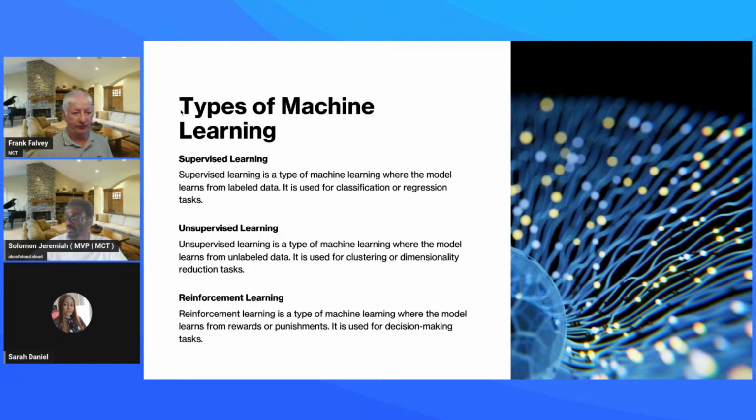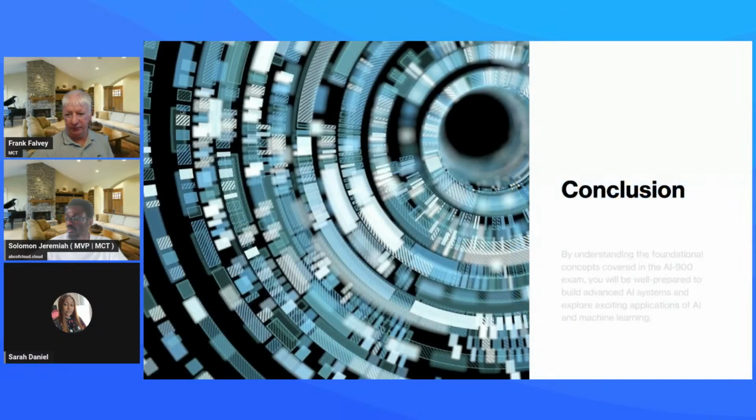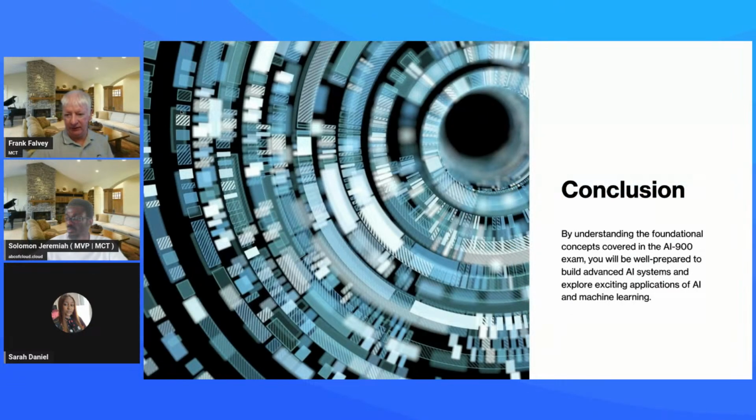So it's all supervised, unsupervised, all over the place. So yeah, the conclusion: by understanding the fundamental concepts covered in the AI 900 exam, you will be well prepared to build advanced AI systems and explore exciting applications of AI and machine learning.